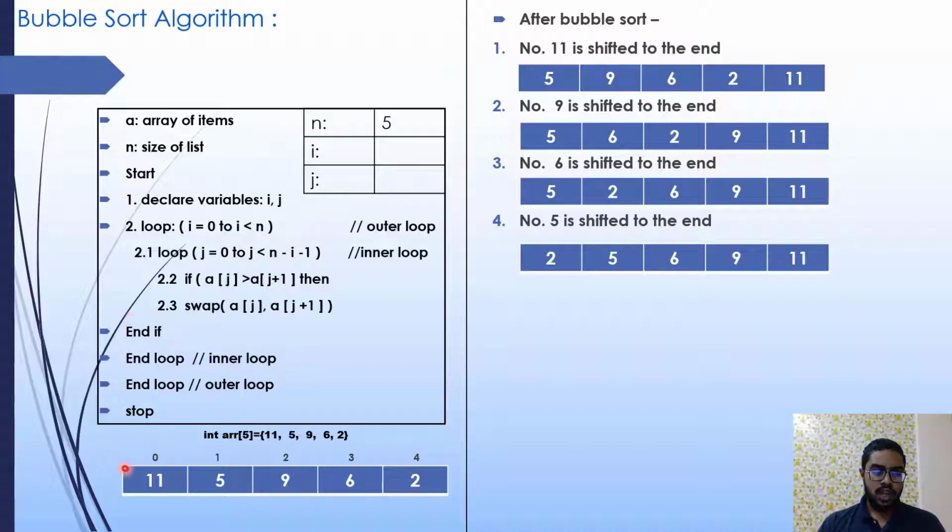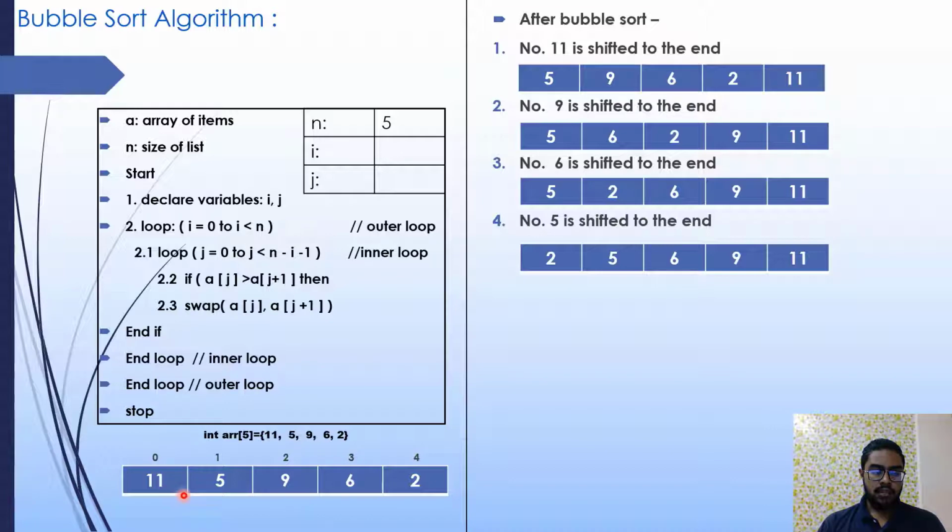Over here we are going to take the array of 5, which is 11, 5, 9, 6 and 2. In the 0 index we have 11, and in the 1 index we have 5, and so on and so forth. So this array is not in order.